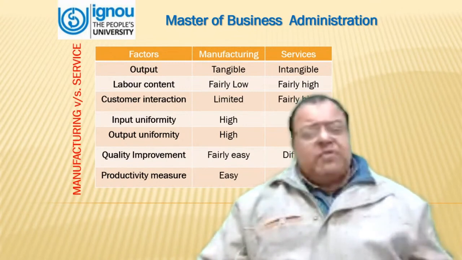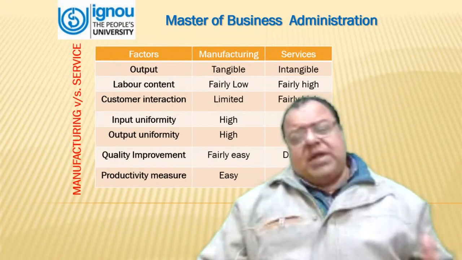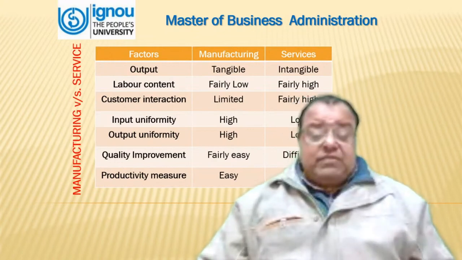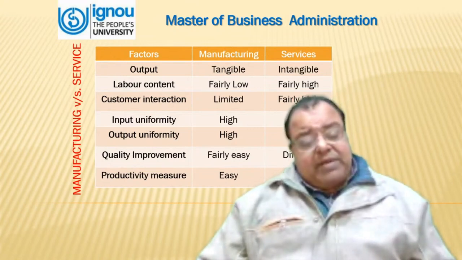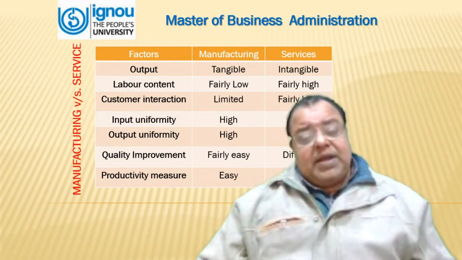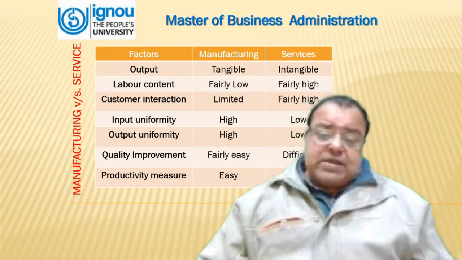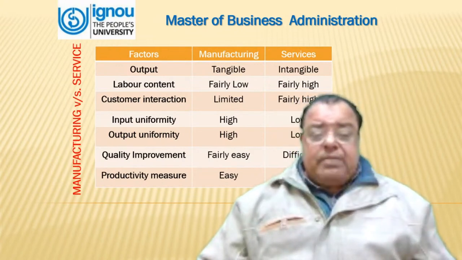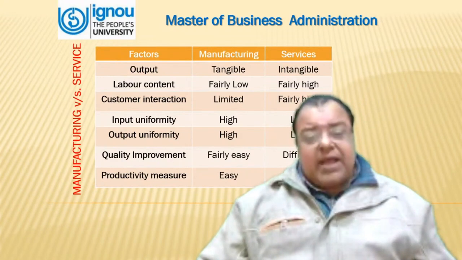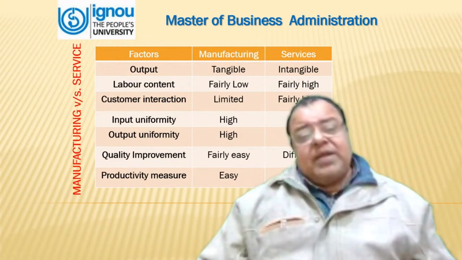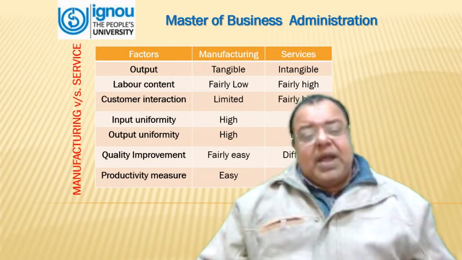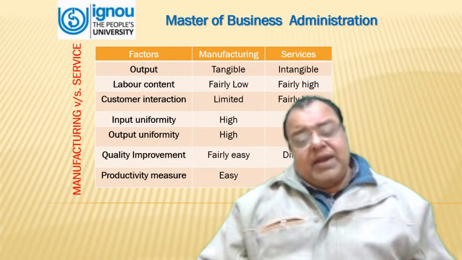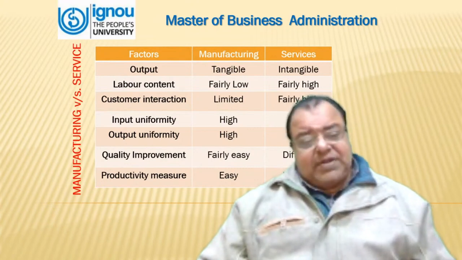Labor cost in manufacturing unit is fairly low, but on the other side, in the services, it is fairly high. Customer interaction is limited in manufacturing, but in service industry, it is fairly high. Input uniformity is high in manufacturing, but it is low in services. Output uniformity is high in manufacturing, and it is low in services.